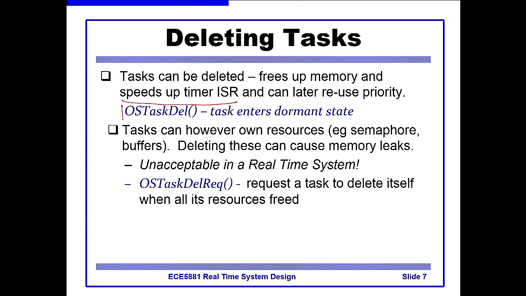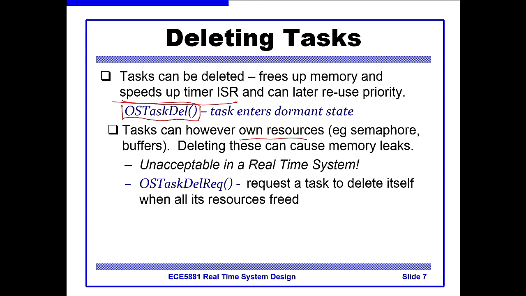So there is a function called OS task delete, and that removes the task and then frees up the memory. But the problem is the task could be holding resources, so it may have waited on a semaphore or used some memory in the system.